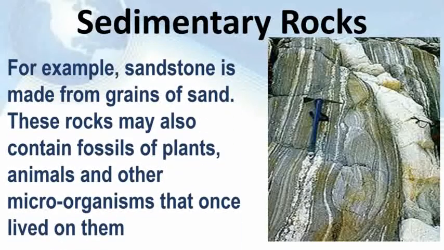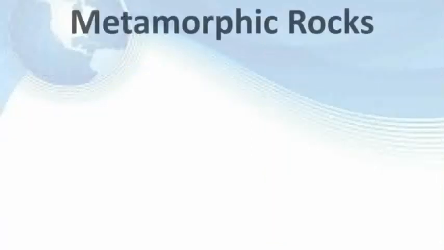For example, sandstone is made from grains of sand. These rocks may also contain fossils of plants, animals, and other microorganisms that once lived on them. The next is metamorphic rocks.